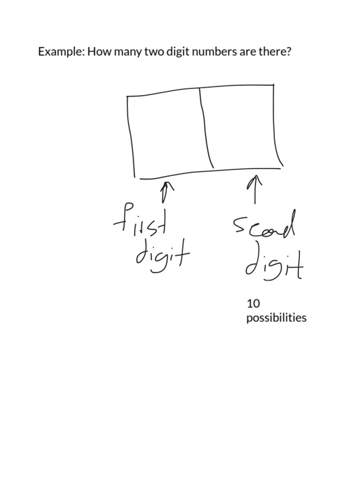But for the first digit, we cannot put 0, because if we put the 0 here, it will give us a single digit number. But other than 0, we can put all other digits in the first position. And therefore, for this type of object here, we have 9 possibilities.